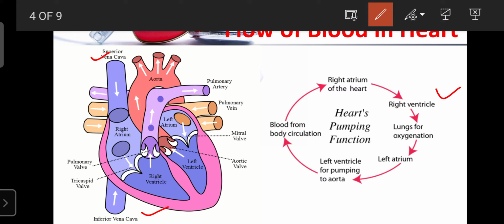From the right atrium it enters the right ventricle, then goes into the lungs for the oxygenation process. After oxygenation, the pulmonary vein brings the pure blood into the left atrium. From the left atrium to the left ventricle, it then enters the systemic circulation through the arch of the aorta. Like that, the blood flows through the different chambers of the heart.